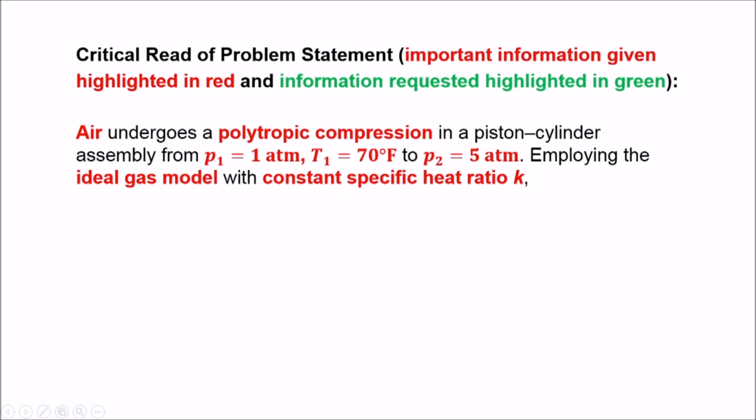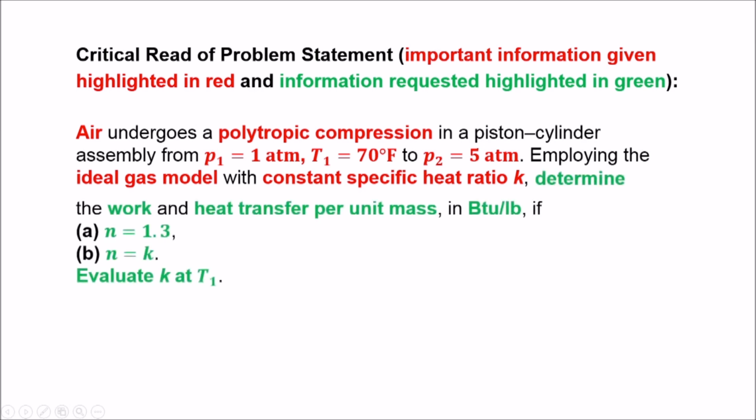Employing the ideal gas model and constant specific heat ratio k. And highlighted in green, we have the following. Determine the work and heat transfer per unit mass in BTU per pound if A. n equals 1.3 and B. n equals k, and evaluate k at T sub 1.